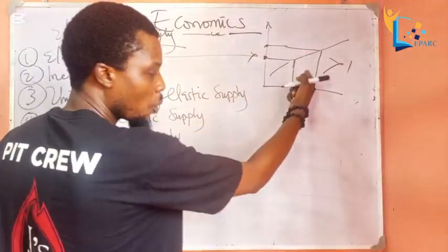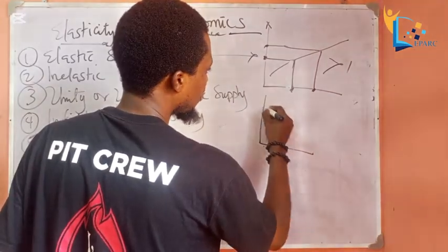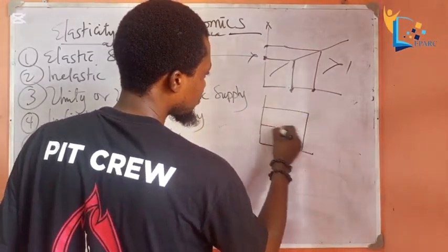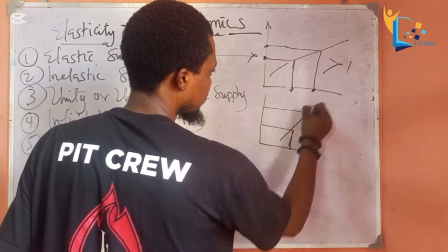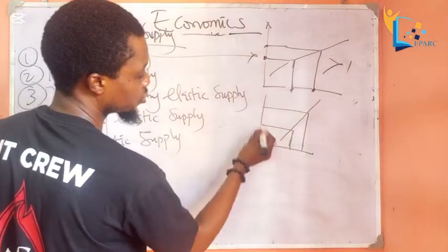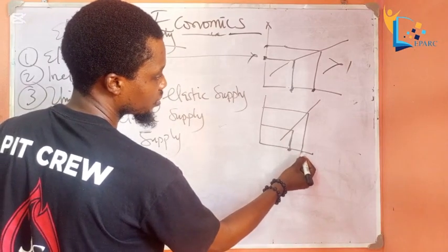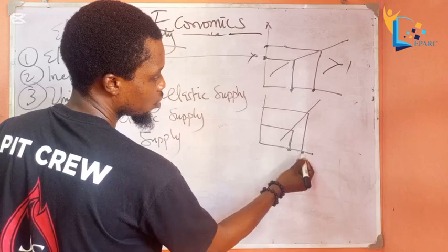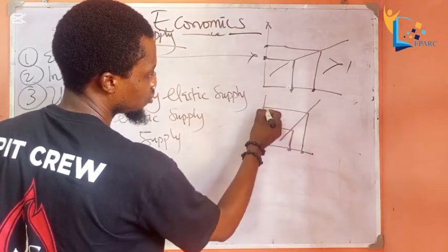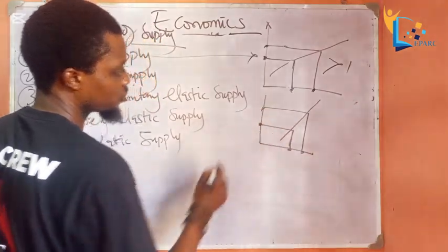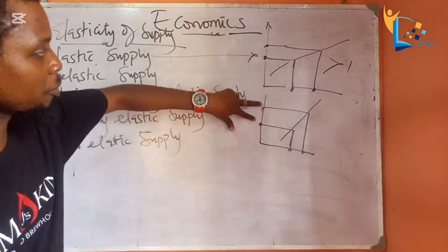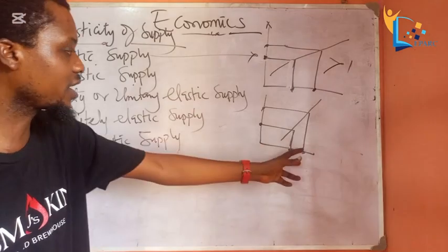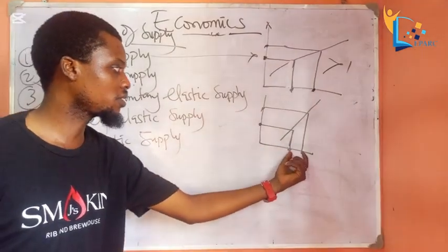The inelastic is the opposite of this. When a small change in quantity supply is brought about by a big change in the price, the proportion of this area here is greater than the proportion of this area here.